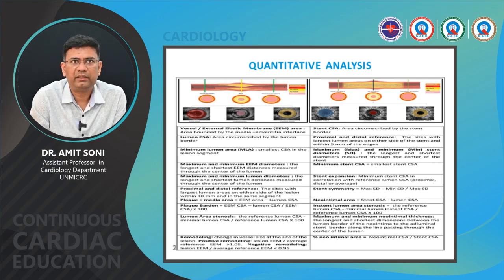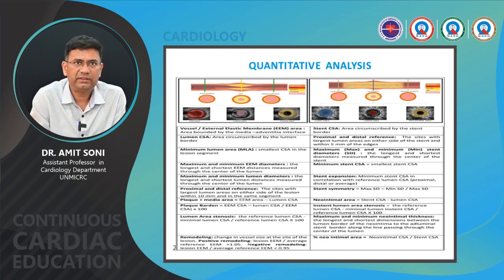Lumen area stenosis is the reference lumen CSA minus minimum lumen CSA, divided by the reference lumen CSA, times 100. Finally, we assess the remodeling changes in vessel size at the site of the lesion.